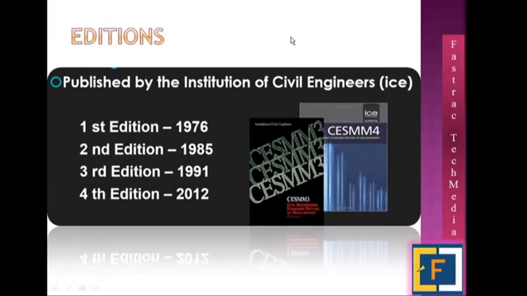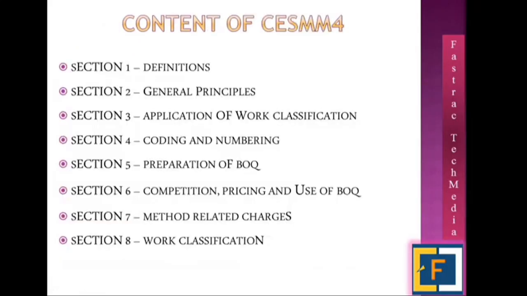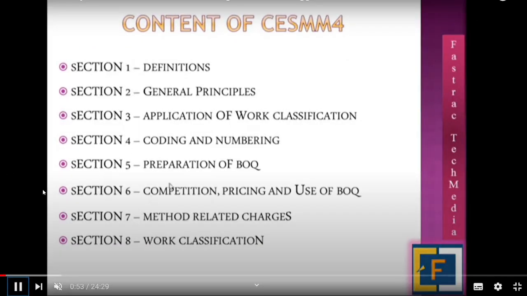So it has a lot of editions, 76, 85, 91, like that it is going on. The content of CESM: we have the fourth version of CESM now. So the content of CESM altogether is divided into 8 sections.